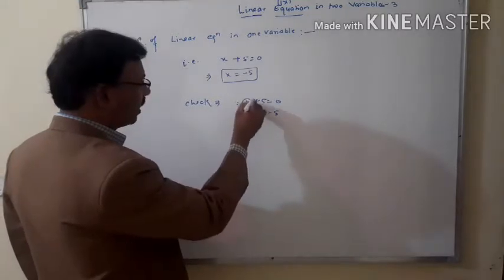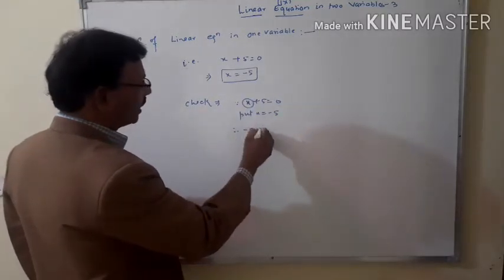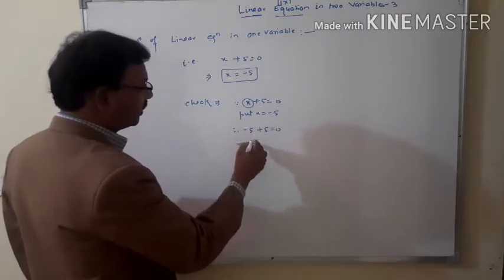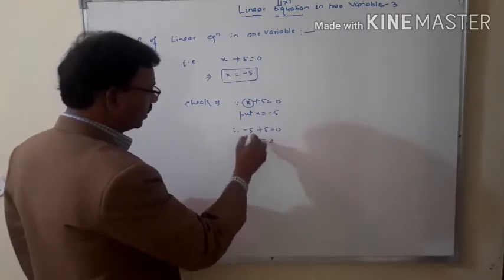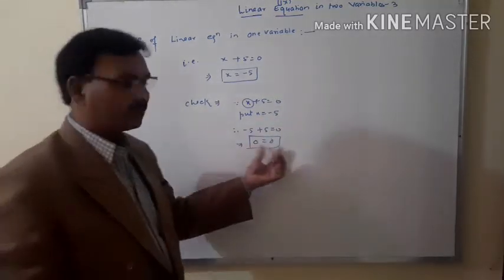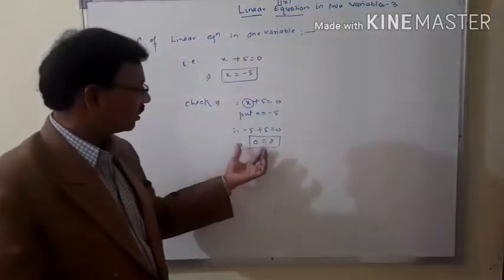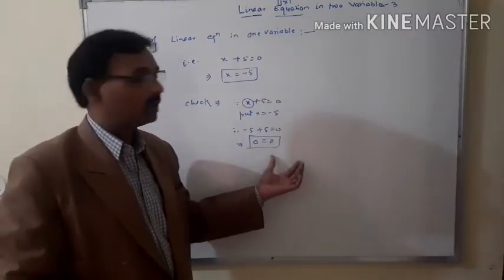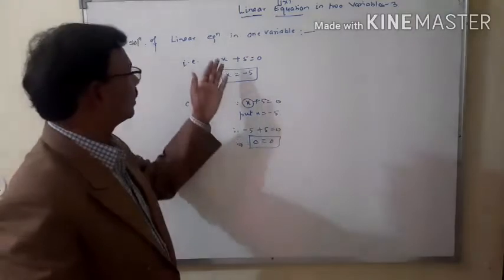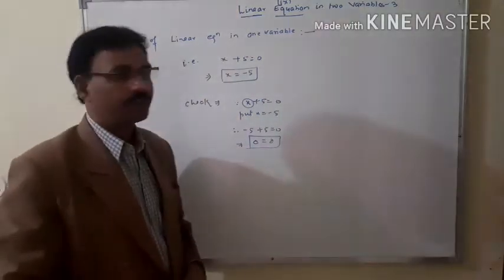Therefore, in the place of x, this will be minus 5 plus 5 equal to 0, or minus 5 plus 5 is 0, so 0 equal to 0. Here you can see that left and right are both equal. Therefore, we can say that x equal to minus 5 is the solution of this equation.